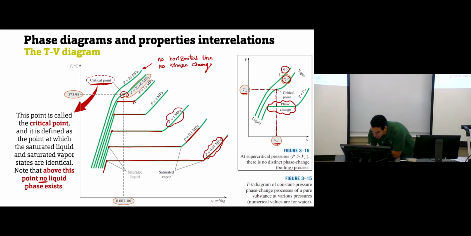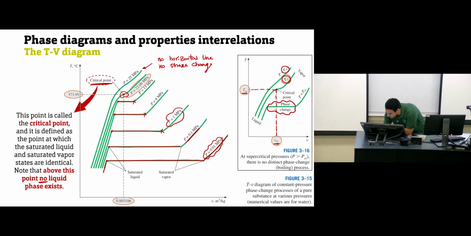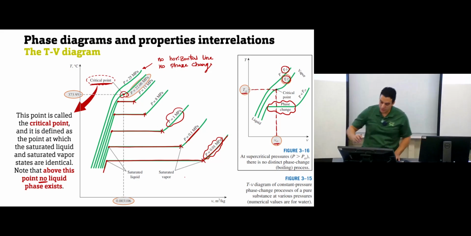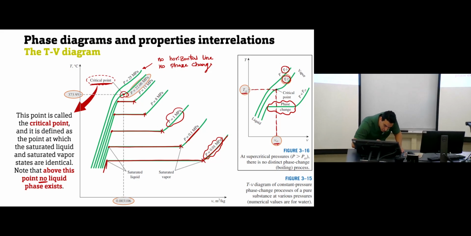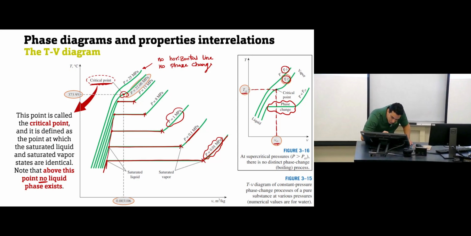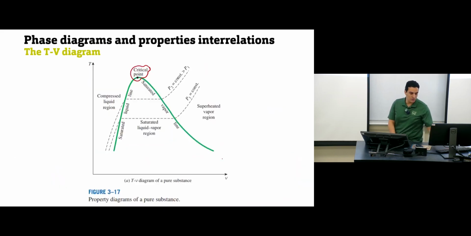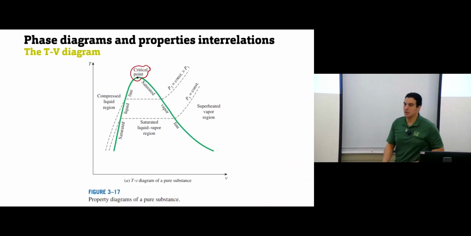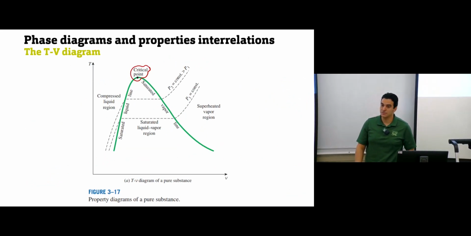Any point at the end of this line, at this cross, will represent what? Saturated vapor. So if you connect all the saturated liquid points to the critical point, and then go back from the critical point through the saturated vapor points, you will end up with this representation of the TV diagram.